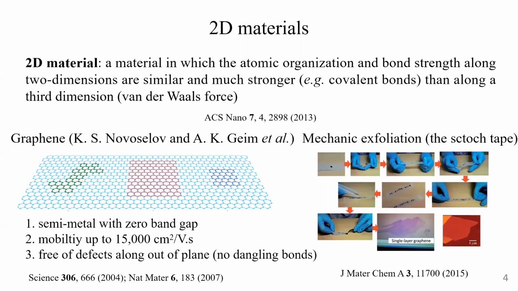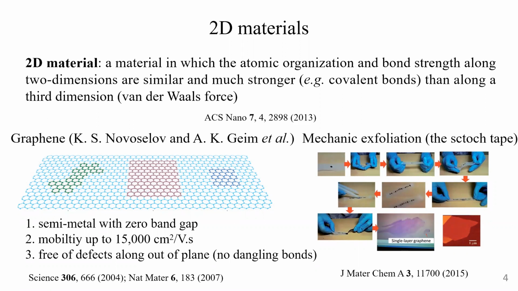The well-known 2D material is graphene, which was first reported in 2004 by Professor Geim and Novoselov from Manchester University. The graphene was fabricated by mechanical exfoliation, also the scotch-tape method, from graphite. Here's the image of the mechanical exfoliation. Repeated peel-off of graphite would allow one to achieve even monolayer graphene.